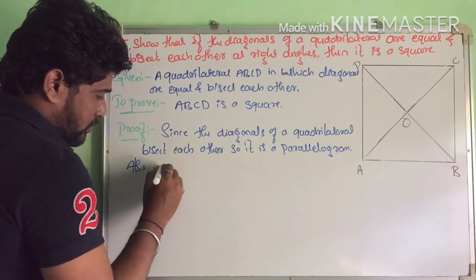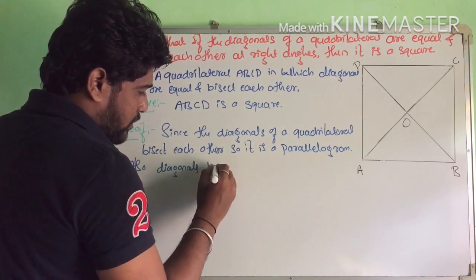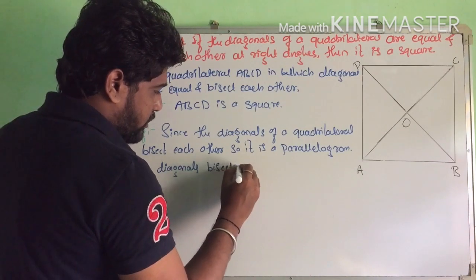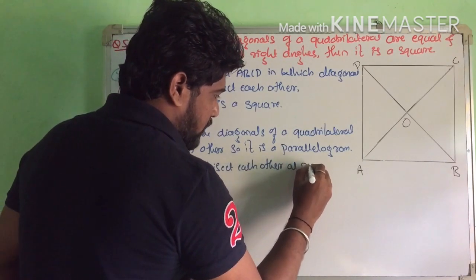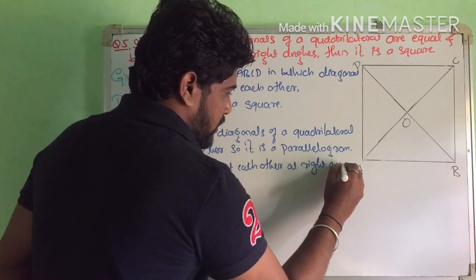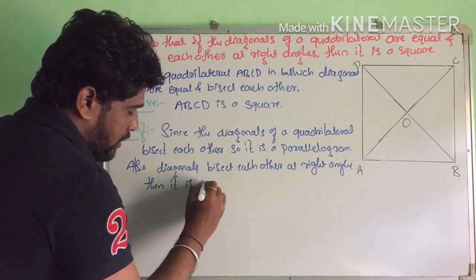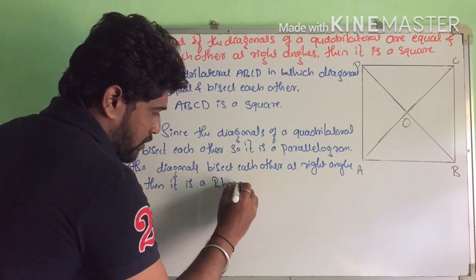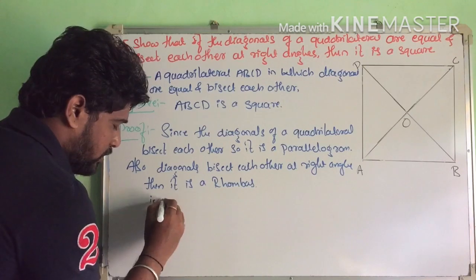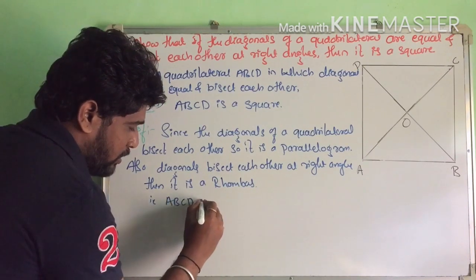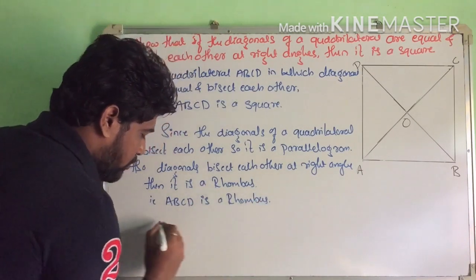So also diagonals bisect each other at right angle, then it is a rhombus. So ABCD is a rhombus.